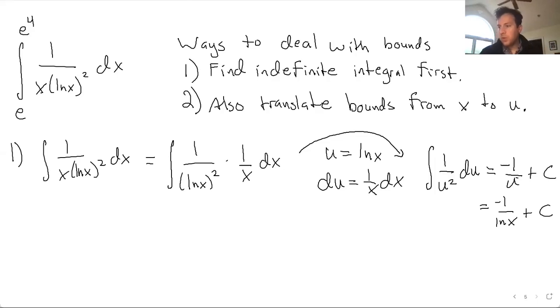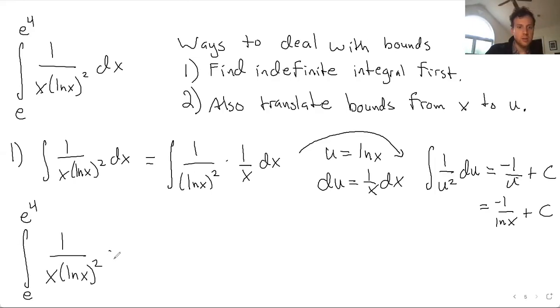So this is not really what we want to do, but it's a big part of it. If we go back to the problem that we were given, the integral from e to the fourth of 1 over x natural log of x squared, the fundamental theorem of calculus says, if you want to know this definite integral, step 1, find an antiderivative.